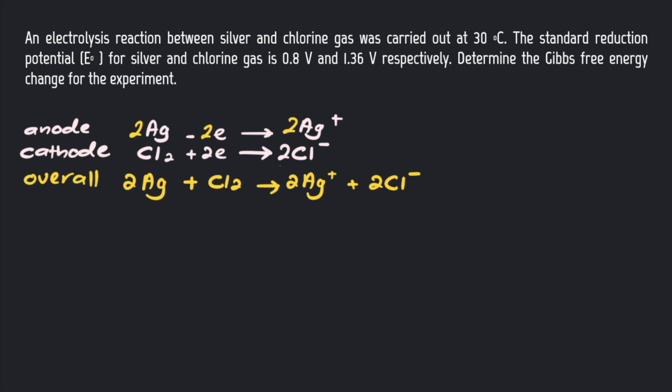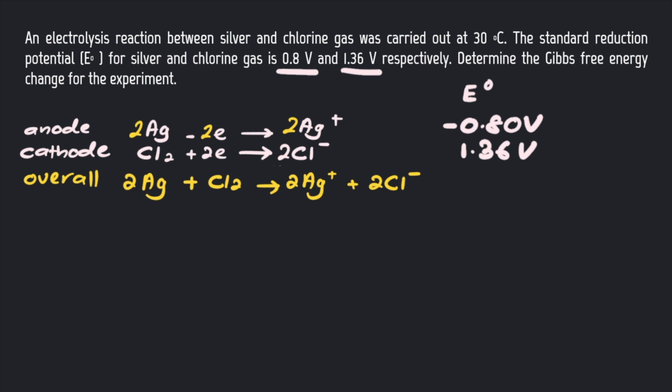For cathode, we can use the value as is, because it is the standard reduction potential, so 1.36 volt. But for anode, instead of reduction it goes oxidation, so this value of 0.8, you need to change it to negative 0.80 volt.